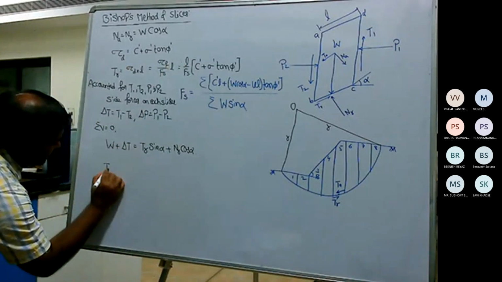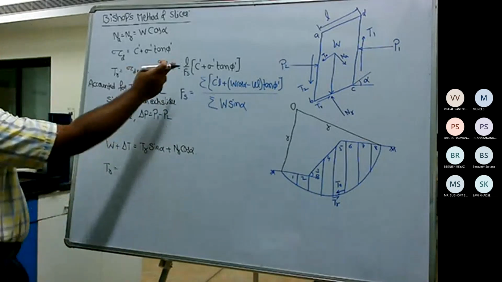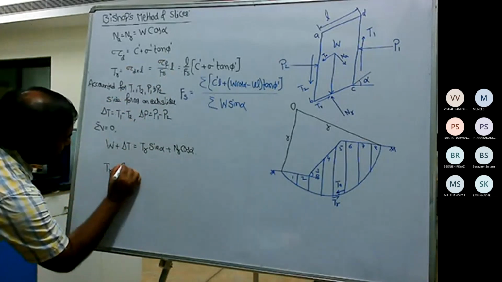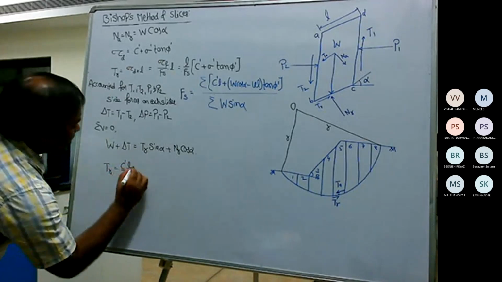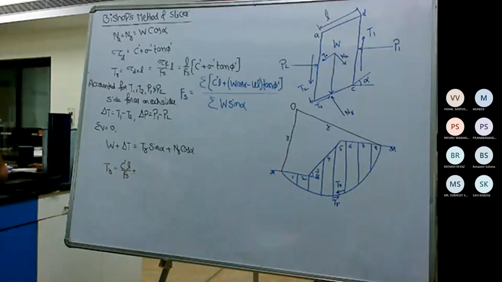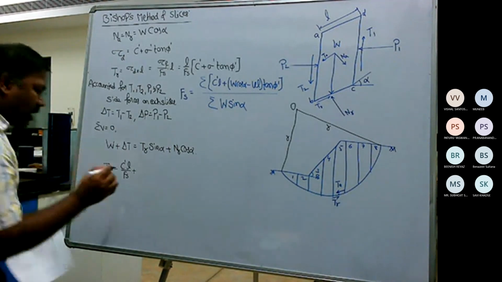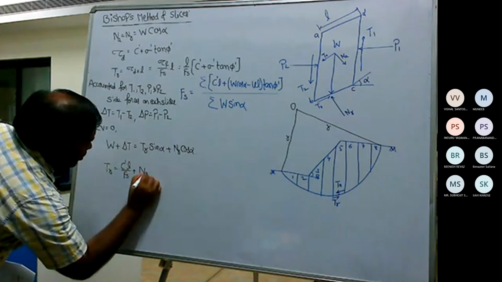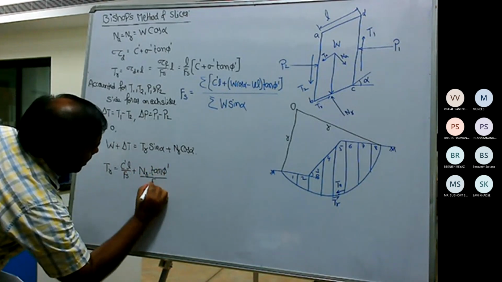First let us try to understand: TR in terms of NR can be written as C dash into L by Fs plus, if we multiply sigma dash with L, that can be written as NR into tan phi dash divided by Fs.